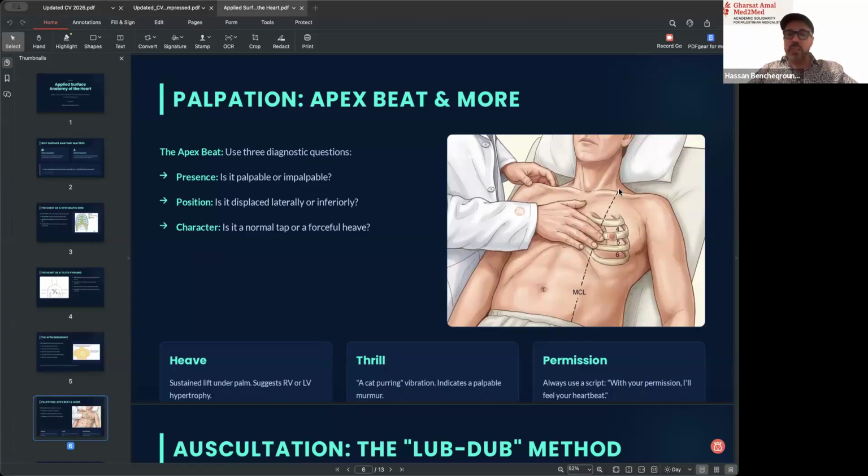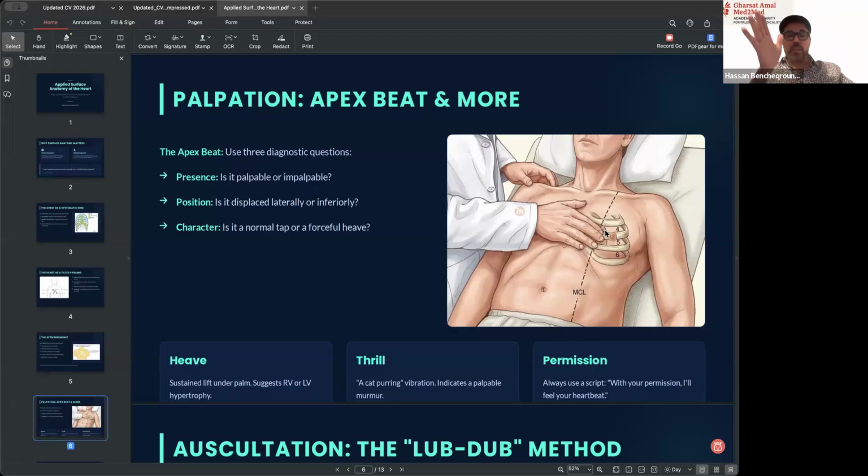So you go into the mid-clavicular line, here it is, and you start to look for the apical beat. Now, this guy does it with his fingers, as if he's taking the pulse. I will tell you, I don't do it that way. I do it with the palm of my hand, and I put the entire palm of my hand just like this, because that is a larger surface area, and then I'm going to feel it somewhere.